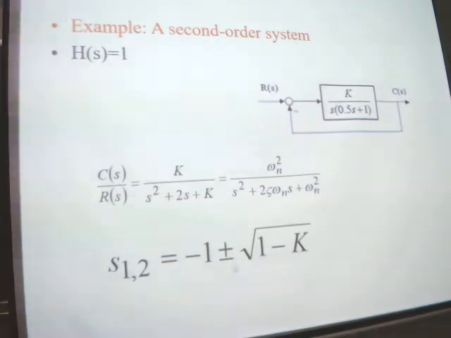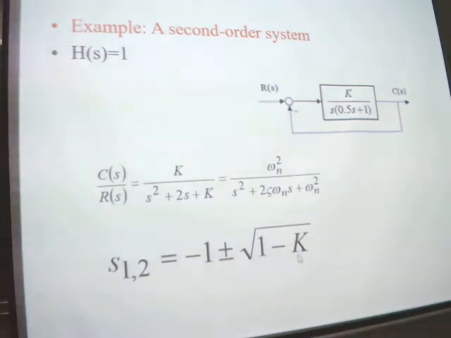We can see in this, when k is changed, these two roots also change. For example, if k equals 0, then s1 equals 0, s2 equals -2.